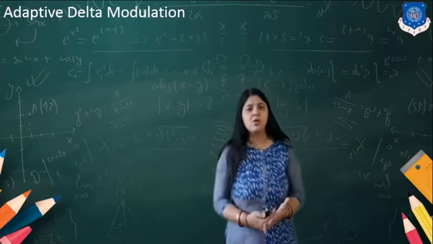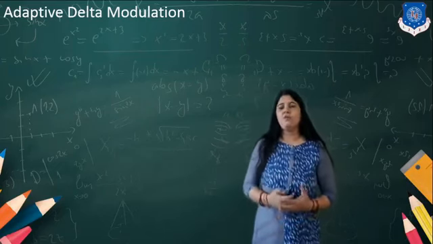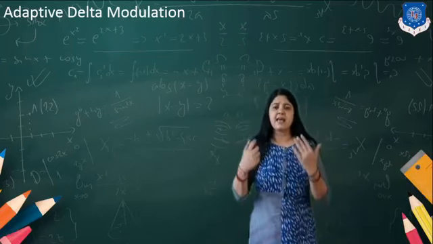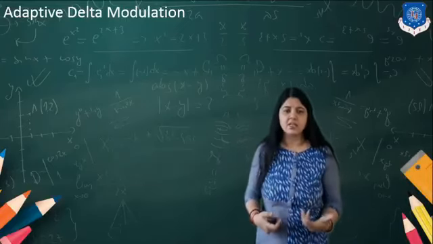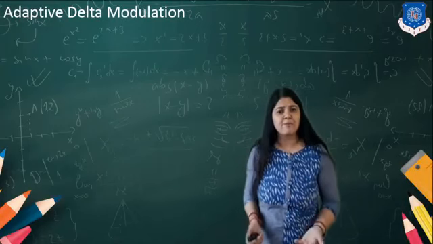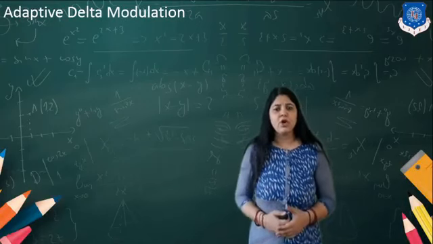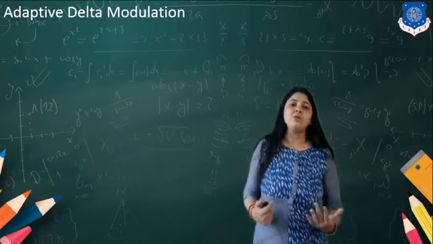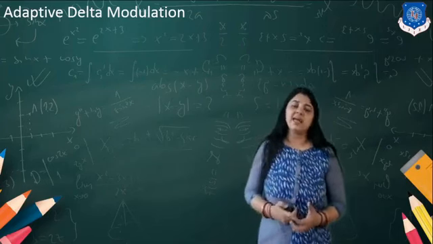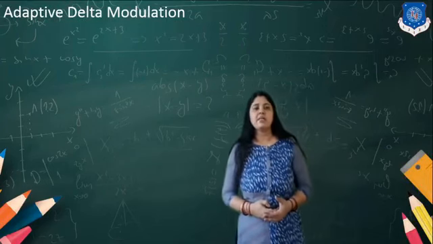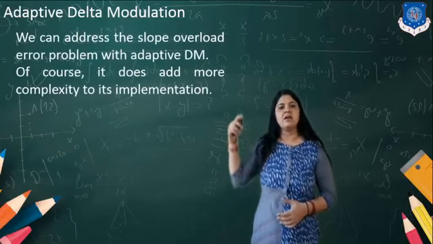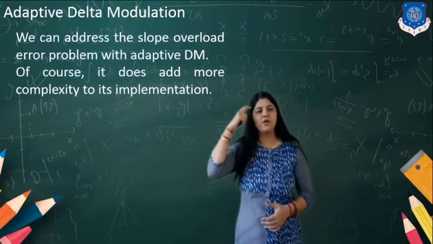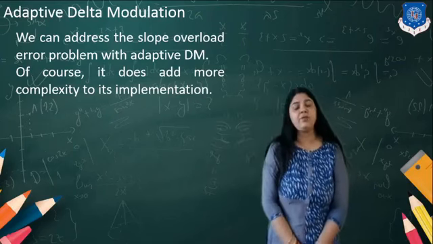So what should we do? The step size can also be varied according to our input signal. So we can say that my step size is adaptive. Then we have the original signal, and the problem can be removed. So we can address the slope overload problem with adaptive DM.